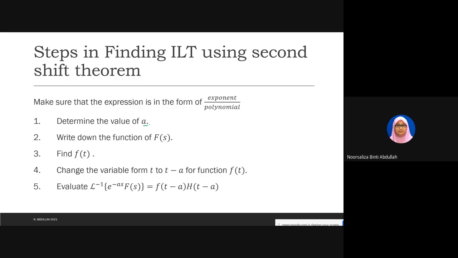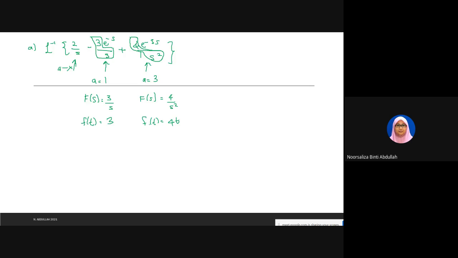So f(t minus a): what is a? a is 1. t minus 1 equals to 3.